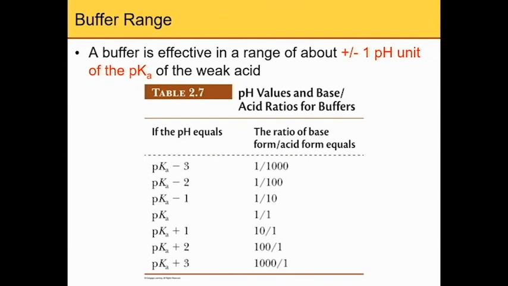So that means even if you change the concentration 10 times, the pH will only change 1, okay? So if you change 100 times, then the pH will change 2. So that's the buffer range. Okay, any question?